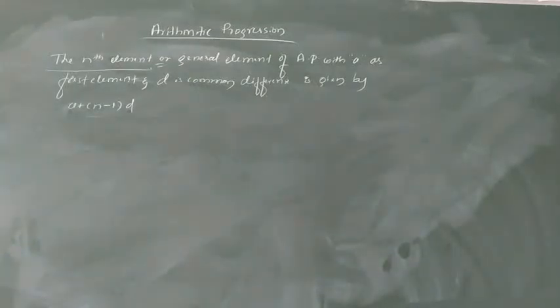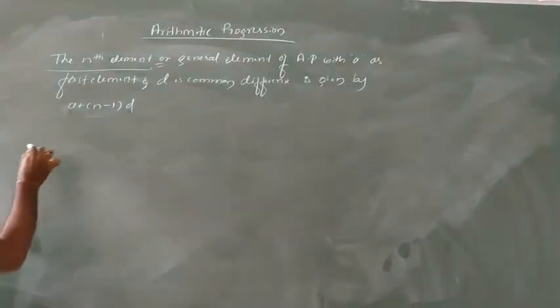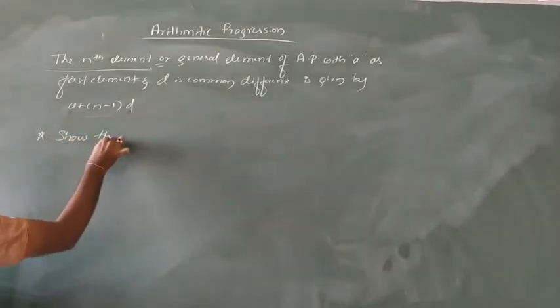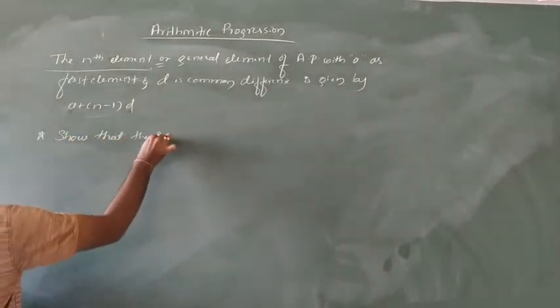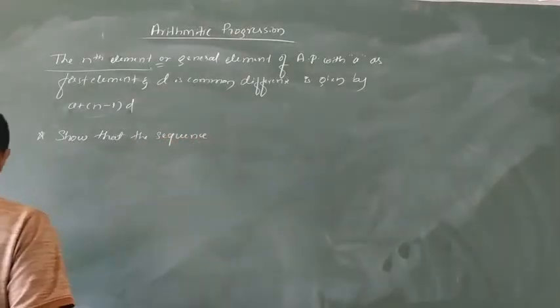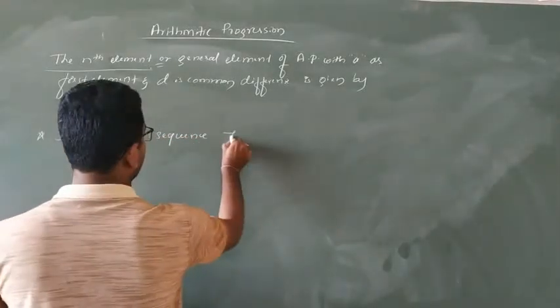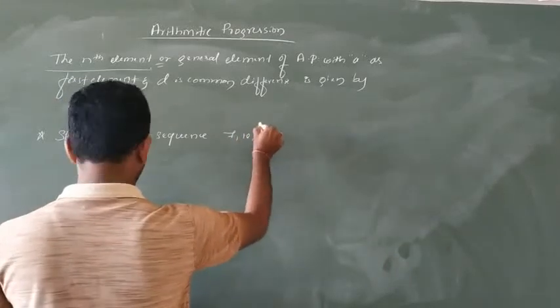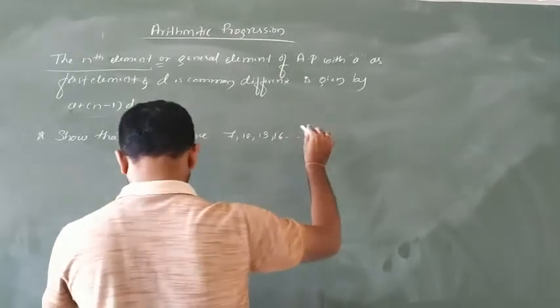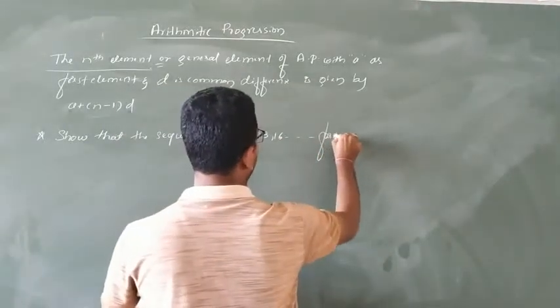The example is: show that the sequence 7, 10, 15, 16 forms an AP.